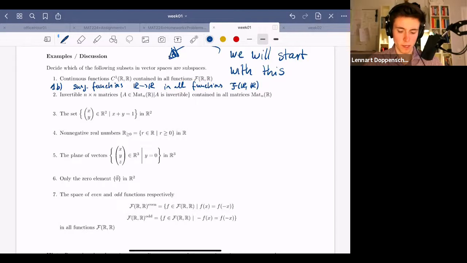So this would be an easy way to say that 1b is not a subspace.